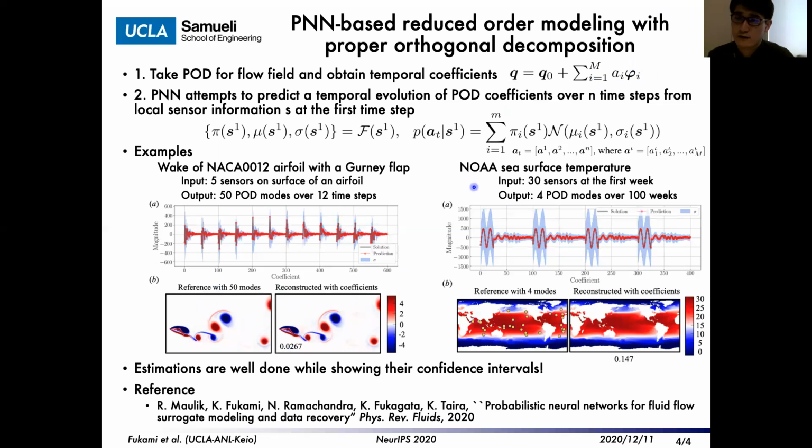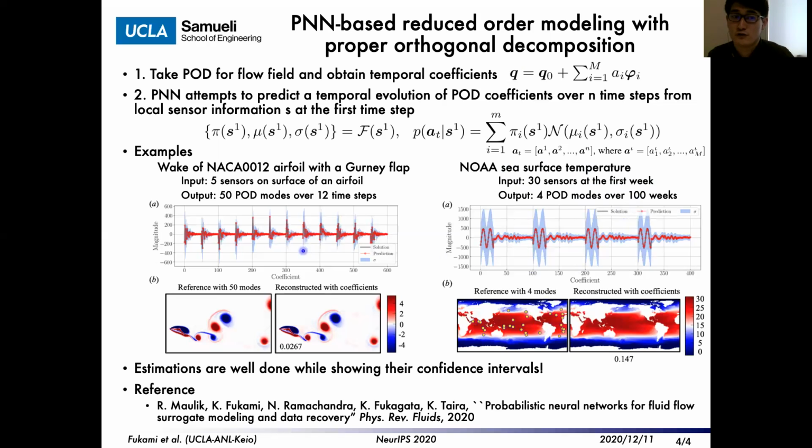We also applied this PNN idea to the North Sea surface temperature as an example of a more practical case. In this case, the input is the sensors at the first week, like these yellow circles, and the output is 4 POD modes over 100 weeks.